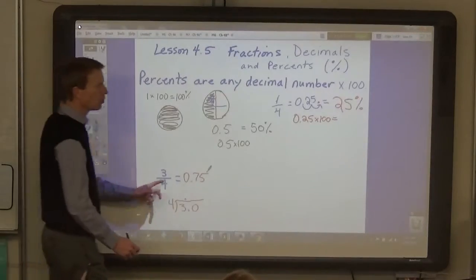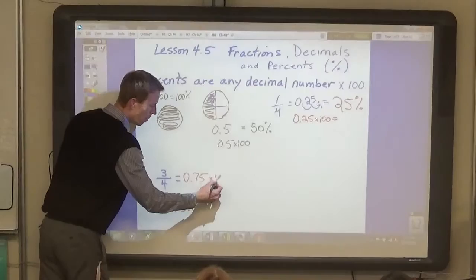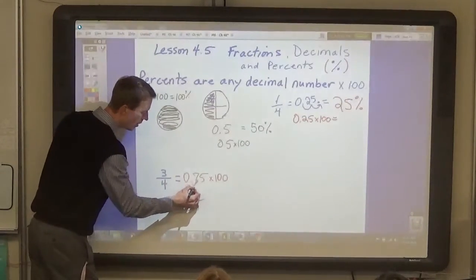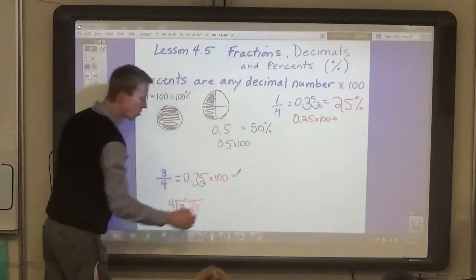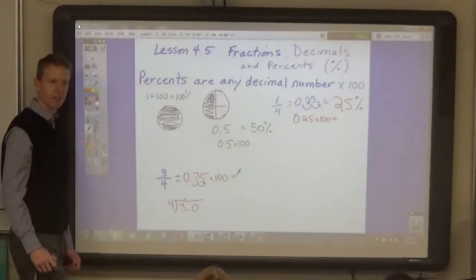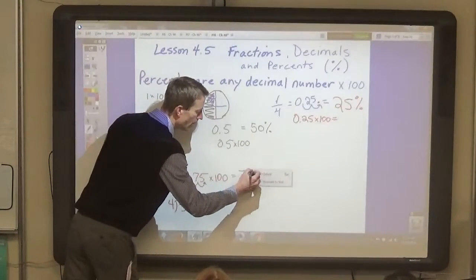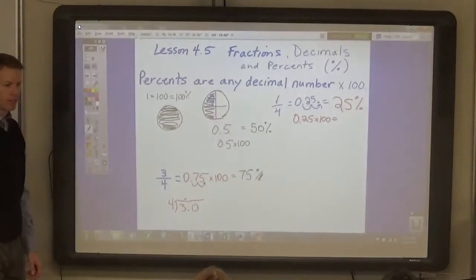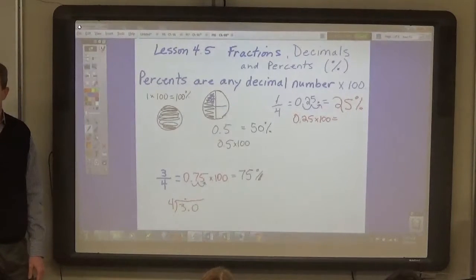And then to convert it to a percent, multiply it by 100, which is as simple as moving the decimal place 2 places to the right. So what is this as a percent? Somebody said it. 75%. Okay, this is the percent sign. Any questions so far?